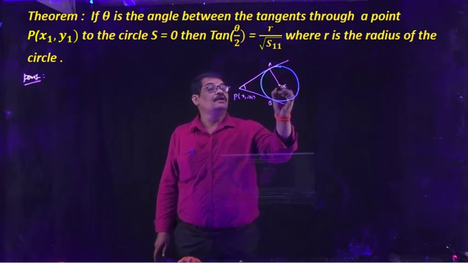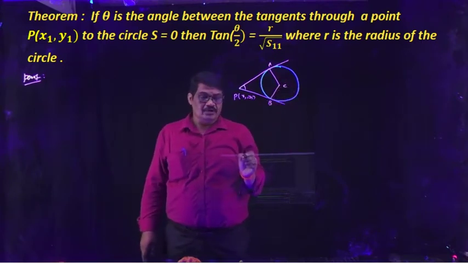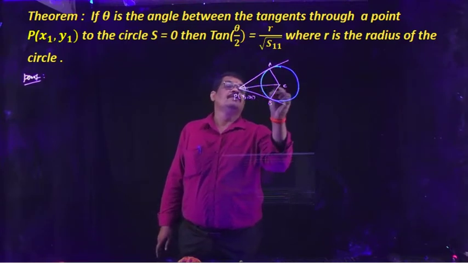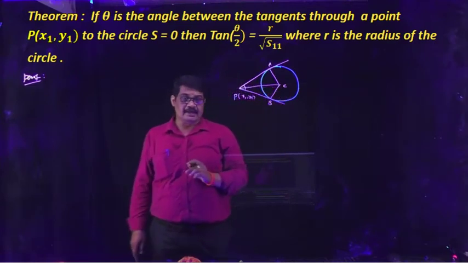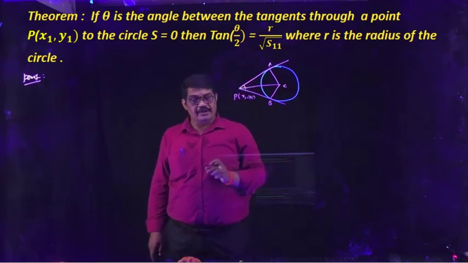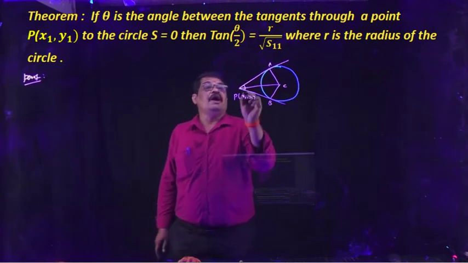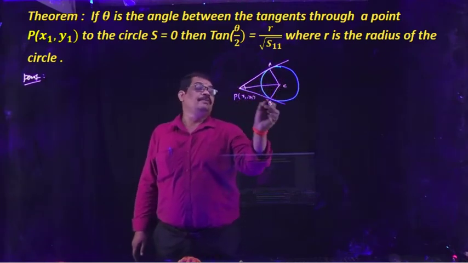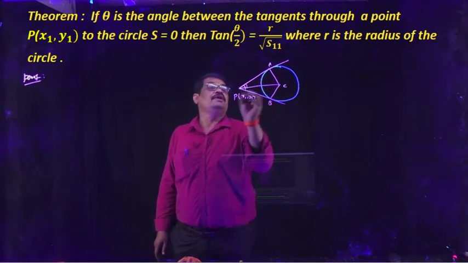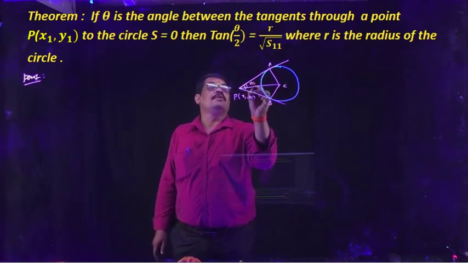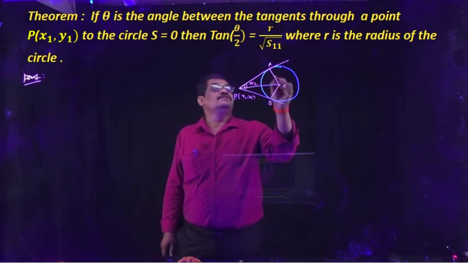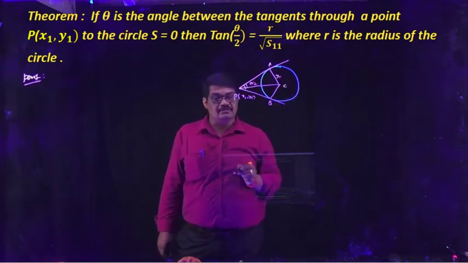Here the line PC bisects the angle. CP bisects the angle between the pair of tangents. If the angle APB is theta, then the angle APC is theta by 2. Now what is AC? AC is the radius of the circle.